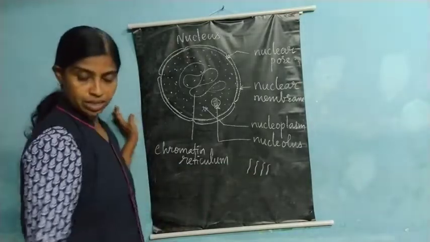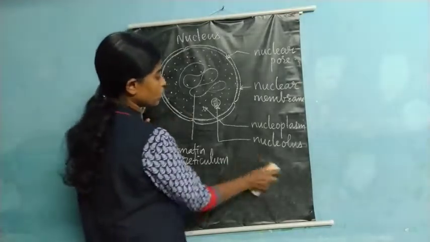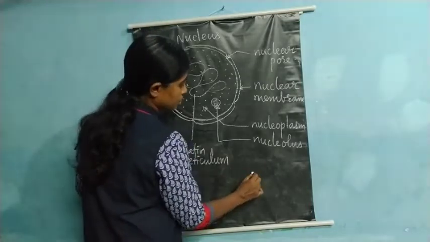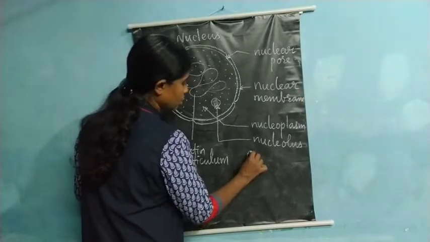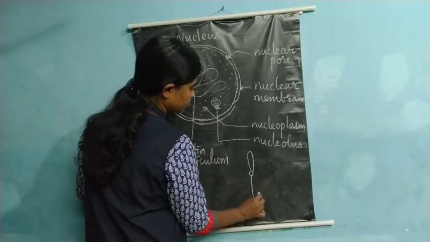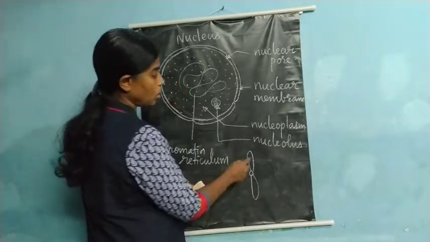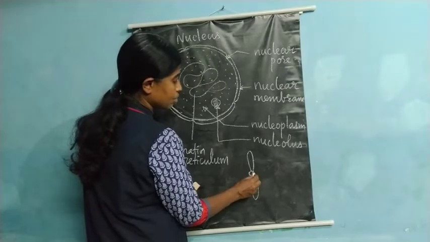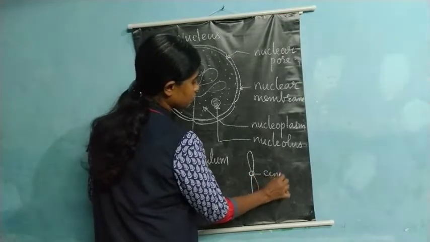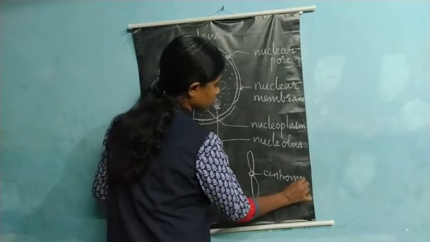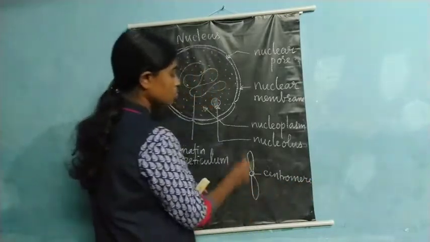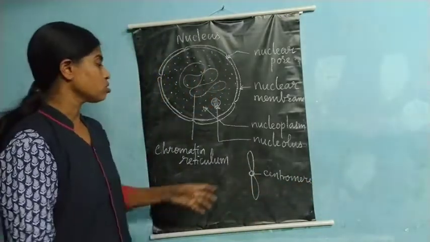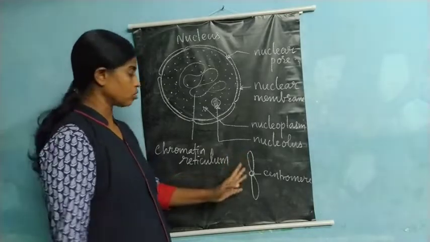When we see the structure of a single chromosome, usually it will be like this, right? Two arms, and these two arms will be connected in the center by a round structure called centromere, and the two arms are called chromatids. So this is the structure of a single chromosome.